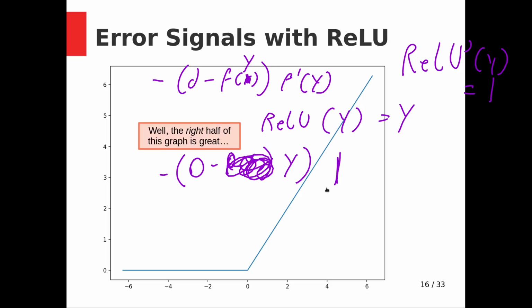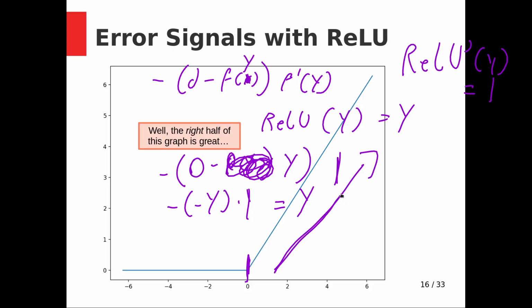Our error signal with ReLU, at least in the positive half, is just negative y times 1, which is just y. So it doesn't vanish. That's the point. As the error goes up, the error signal goes up, it does not vanish, and we don't have the vanishing gradient problem, at least in the positive half.